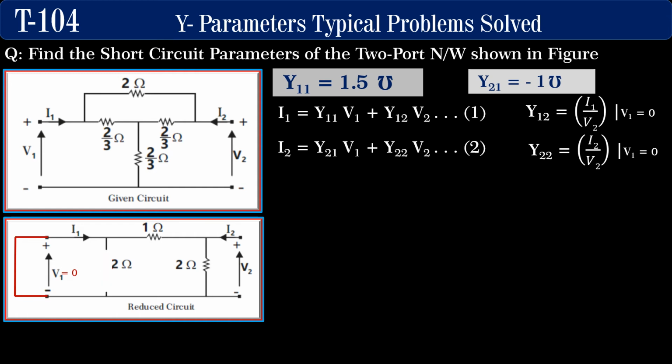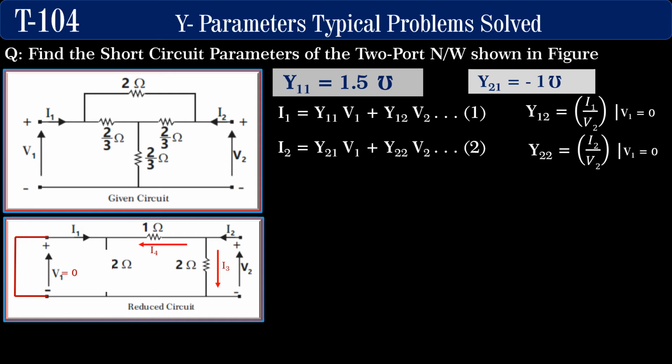So once this 2 ohm resistance is open, you have to see that this 1 ohm and 2 ohm are in parallel, and let I3 be the current in 2 ohm resistance and I4 be the current in 1 ohm resistance. To find I3 and I4, let us use a parallel branch theorem or current division theorem.